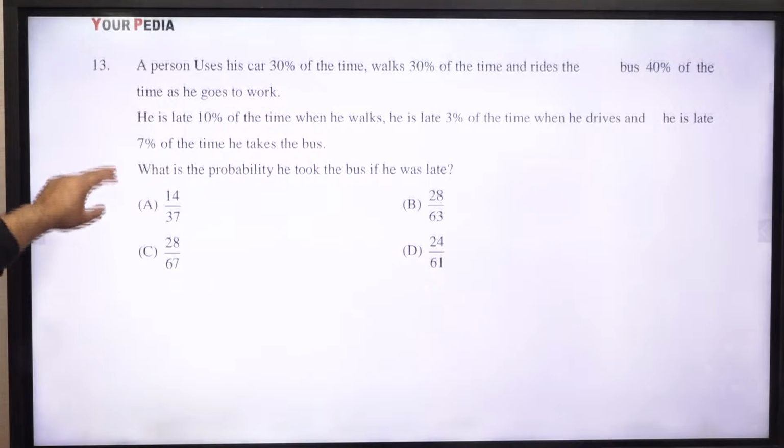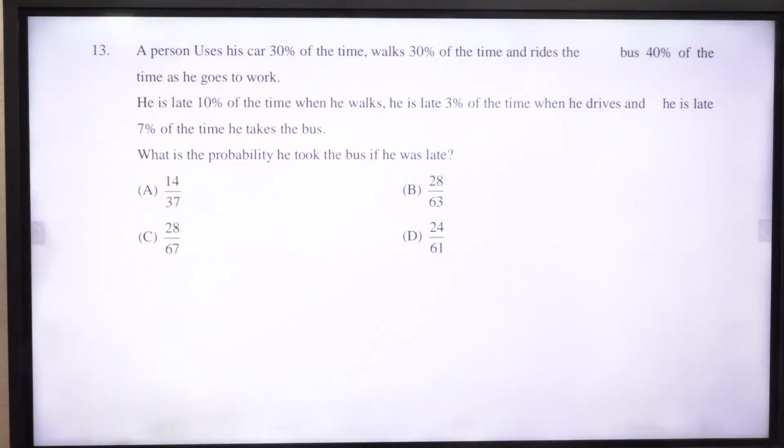Let us see this problem. Read the question and try to solve, all of you. Read the question and provide me the answer.